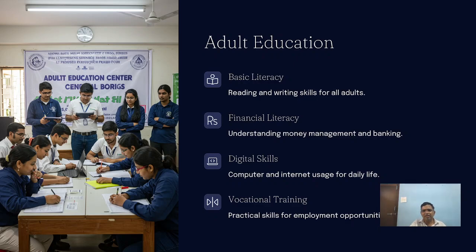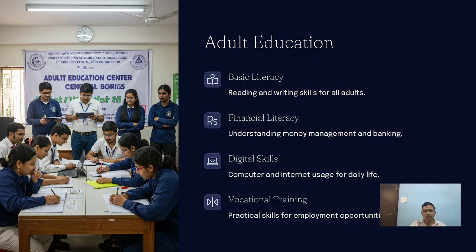The aim of this NEP is that everybody has to be digitally literate. Like they should know how to operate the computer and internet for daily life. Then practical training, yeah, vocational training. So practical skills for employment and opportunities will be given in this adult education.